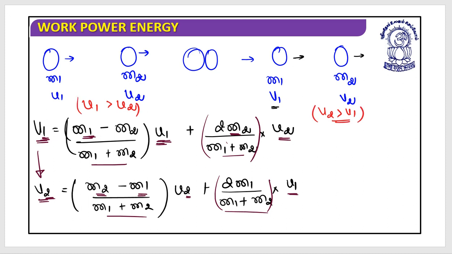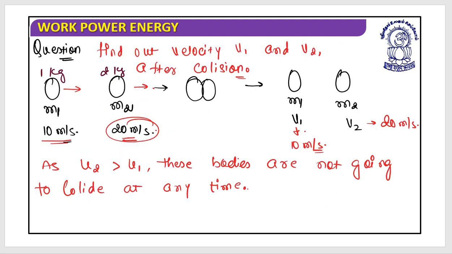Yes, we assumed it and then derived it. I hope this is clear. So you can always apply a formula, but before applying it, we must understand the basics: what the concept was and when these formulas can be applied. Is it clear?